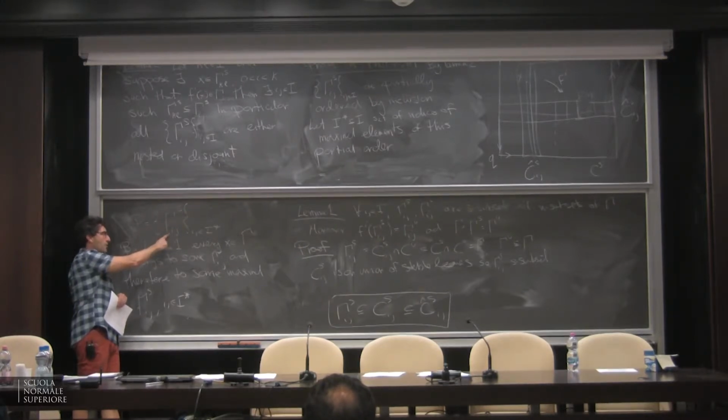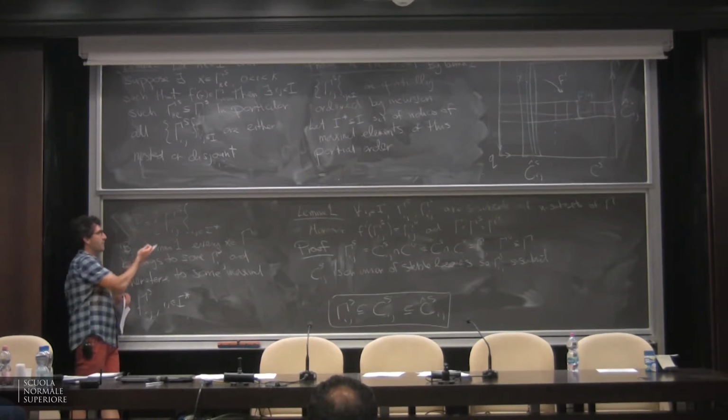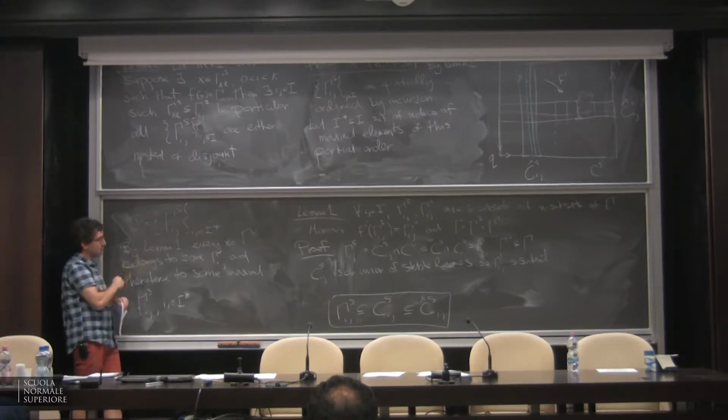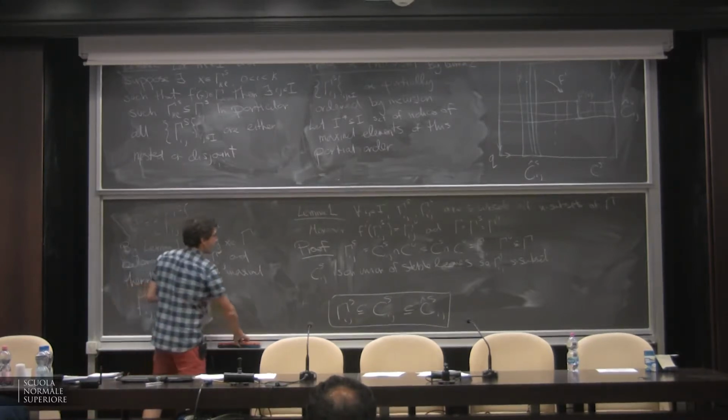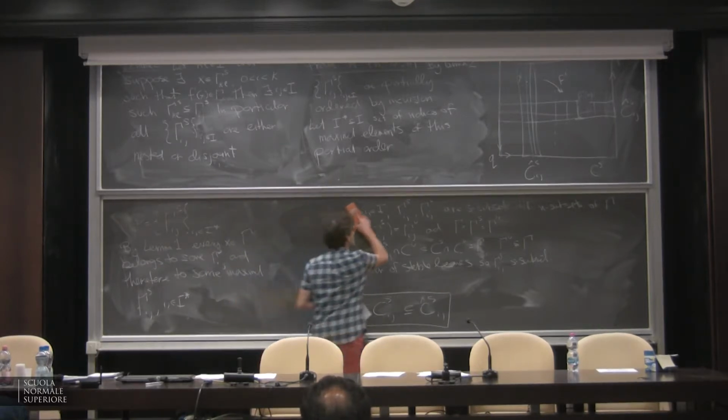All of these are nested or disjoint, and we've eliminated all the nested ones. So these are now disjoint elements which cover gamma. If any of these were to intersect, then one would be contained in the other, and therefore only one of the two would be maximal.